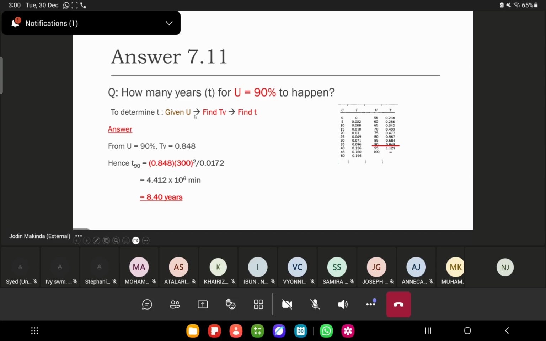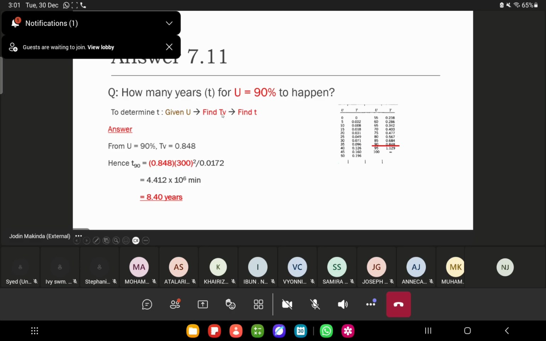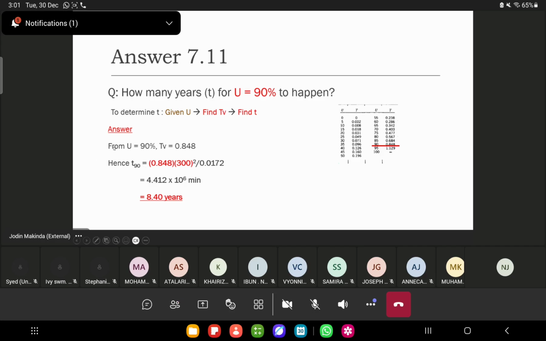If you are given U, find time factor TV using the table, then use TV to find T using the equation. Contohnya answer here. If U is 90%, from the table, time factor is 0.484.